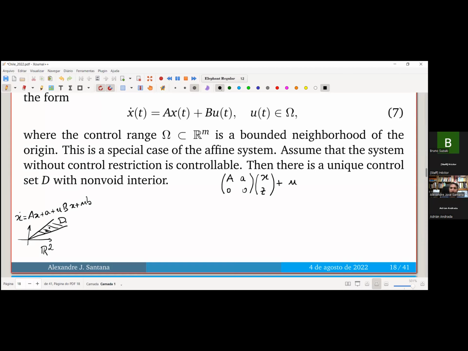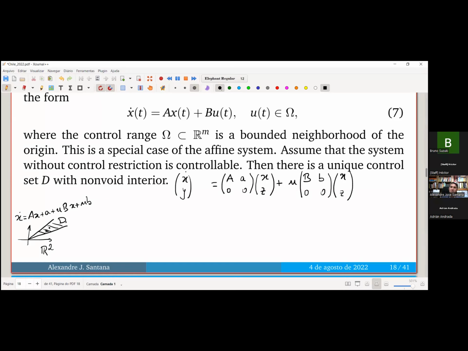Now we take the same u and we take B, and in this column here I will put the small b, the vector b, and the number 0 and the number 0. In this case, note that we are in R2 times R, the product xz. Then we construct the new system.